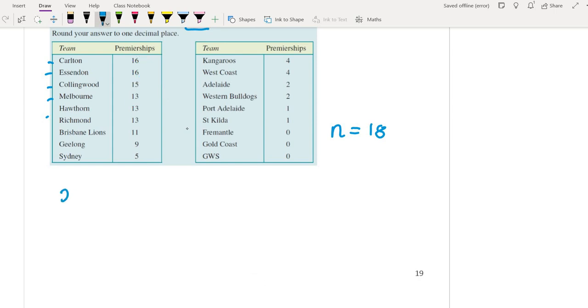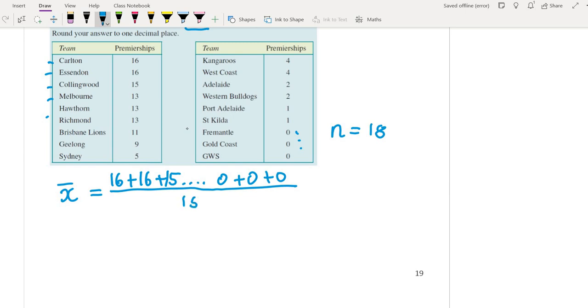So to find the mean, you'll need to add 16 plus 16 plus 15 all the way till the end, where you're adding all the zeros. Obviously you don't have to include the zeros because adding zeros will not change anything. So you want to add all these up and divide by how many there are, which is 18. And using the calculator or the CAS, it will give you the mean as that.